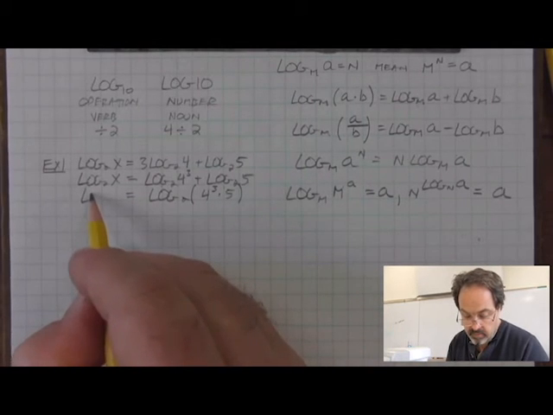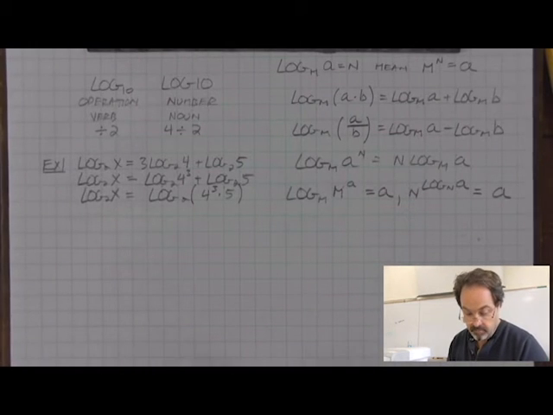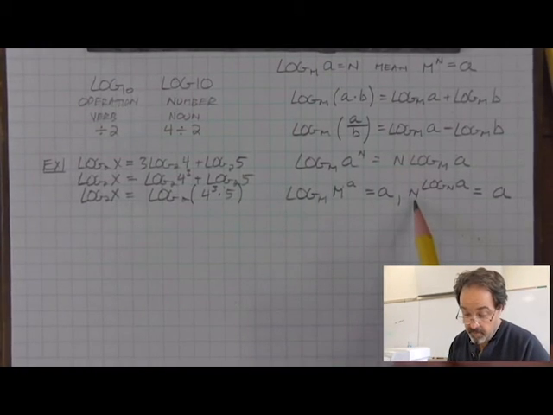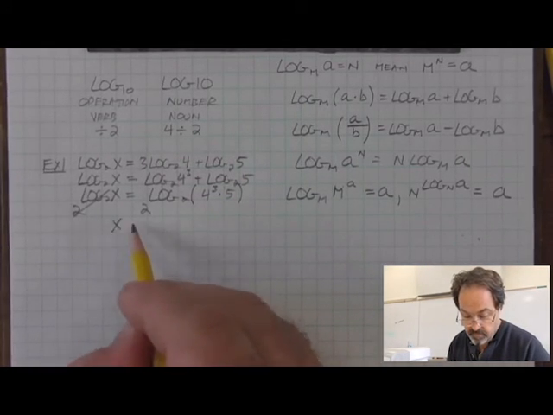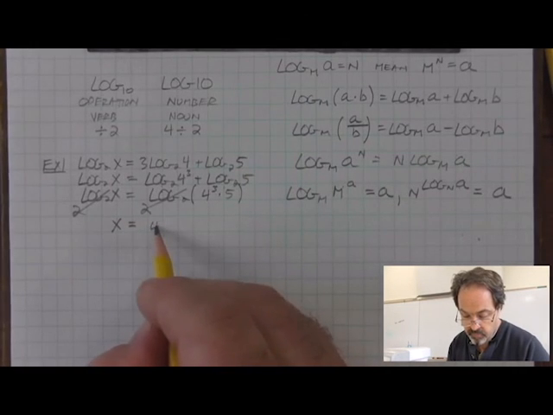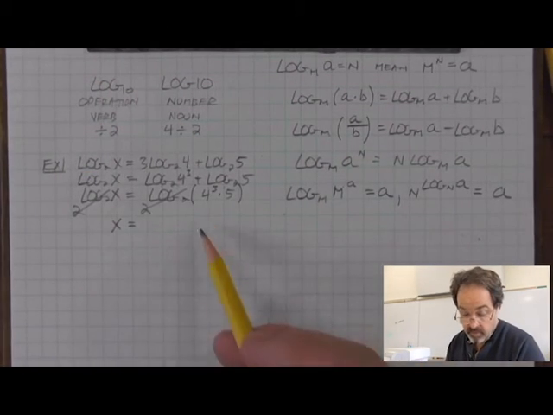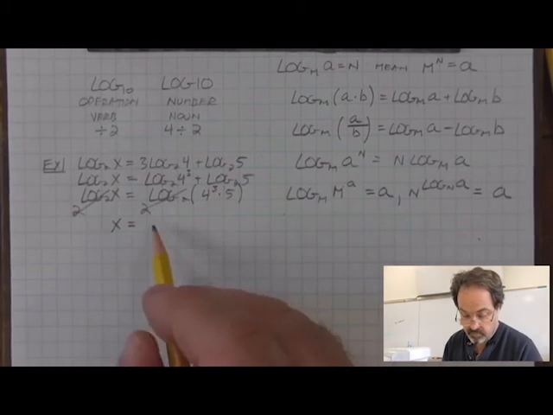And on the left, it's unchanged. I can see in my equation that on both sides I'm taking the log base 2. I can take the power base 2 of both sides, and when I do, they will cancel out with their inverse, log base 2, leaving x on the left and 4 to the third times 5, which we may be ready to evaluate. 4 to the third is 64. 64 times 5 is 320.